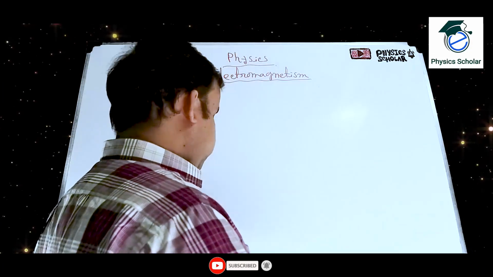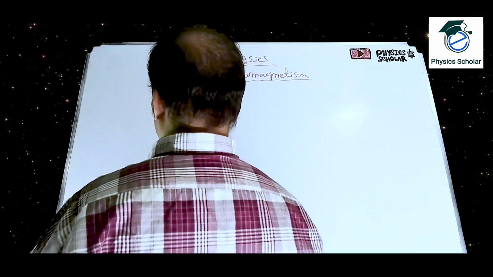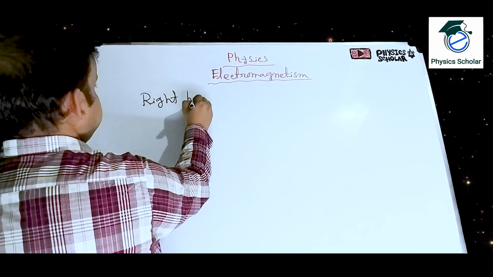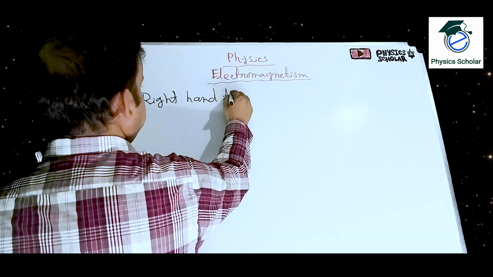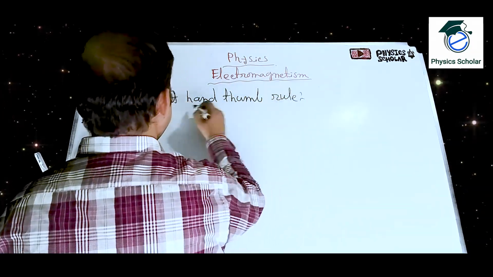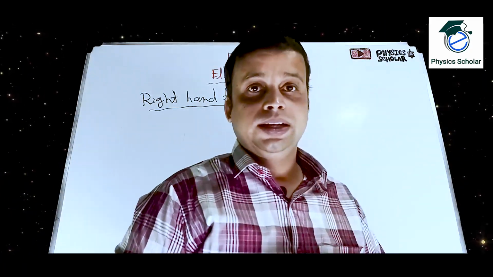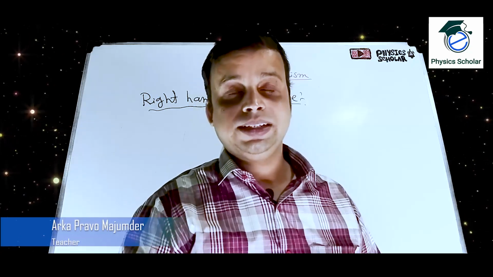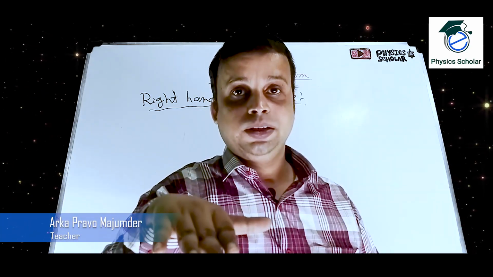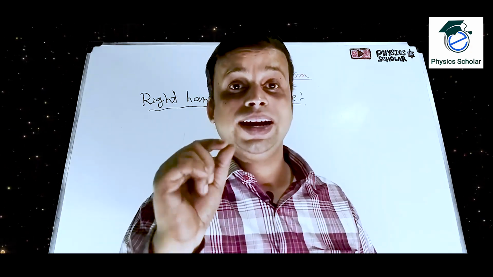In the last episode we discussed Ampere's swimming rule. Now today we will discuss the right hand thumb rule. Basically, Ampere's swimming rule and the right hand thumb rule state in which direction the magnetic needle, or any magnet, will deflect due to a current carrying conductor.